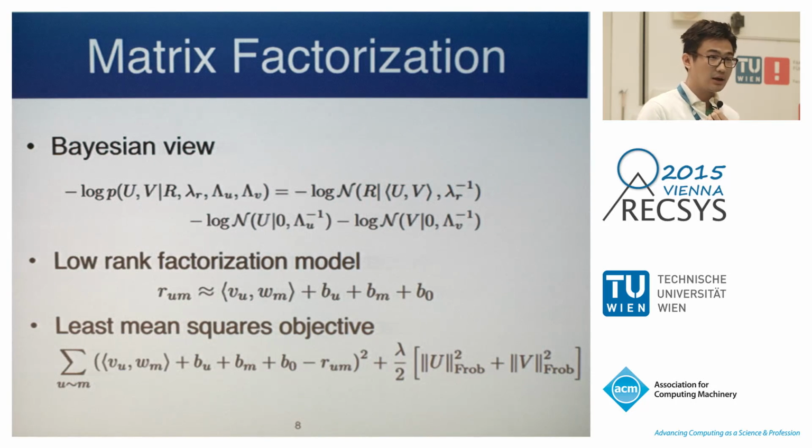Usually we model the ratings as a Gaussian with the inner product as the mean. There are also priors on U and V. Usually we assume they are Gaussian because of the conjugate prior. If we set the precision parameter to a single value, we get a very familiar least mean square objective as follows.